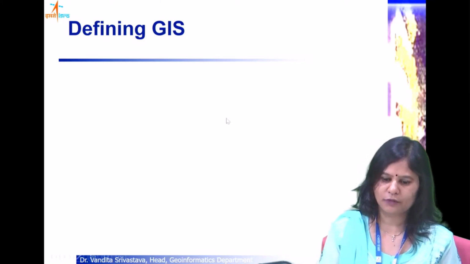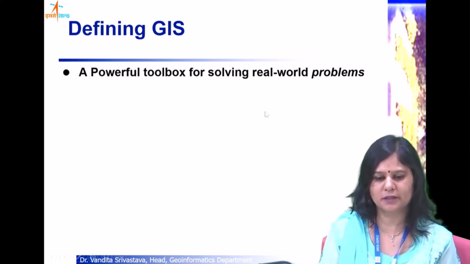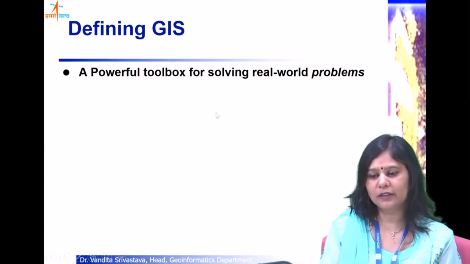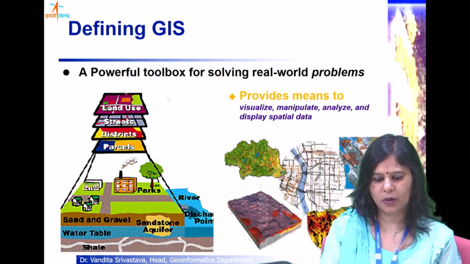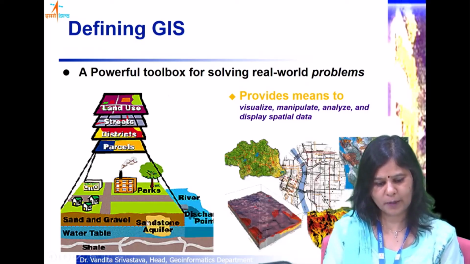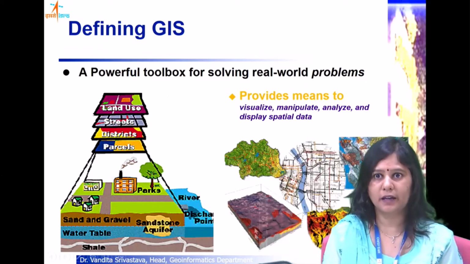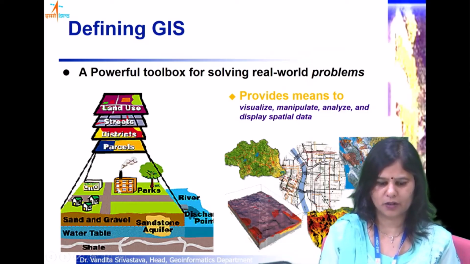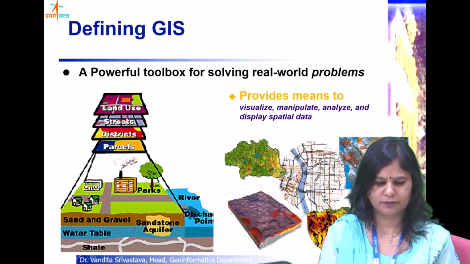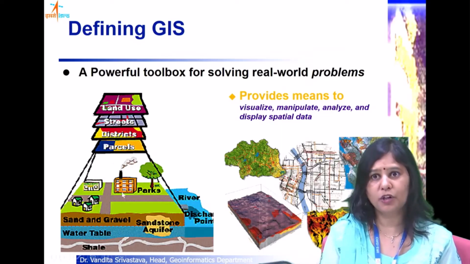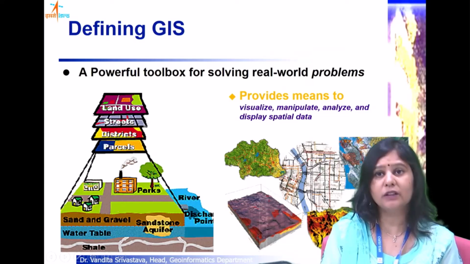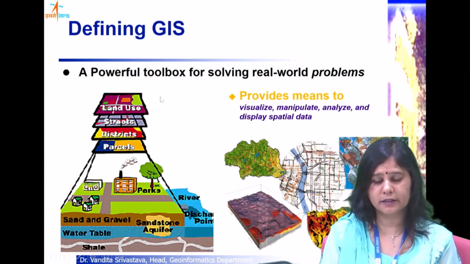So a formal definition of geographical information system, we can say that it is a powerful toolbox for solving real world problems. For example, this is my study area, and now I want to work on some specific air pollution modeling. So I would like to extract all the data as layers. These are called thematic or administrative layers.